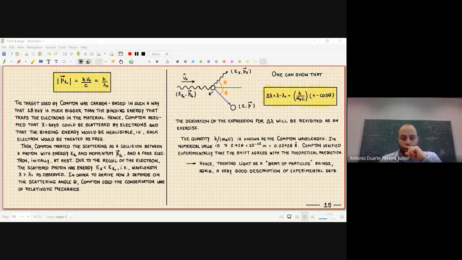But of course, understanding how particles of light, or whatever particles you want to think about, scatter when they collide with some target is a fundamental thing in order to describe the physics of elementary particles.